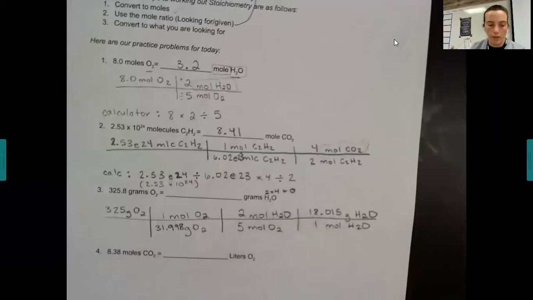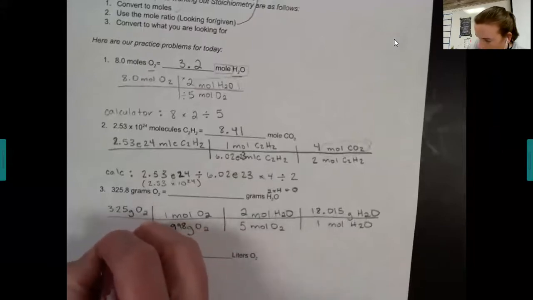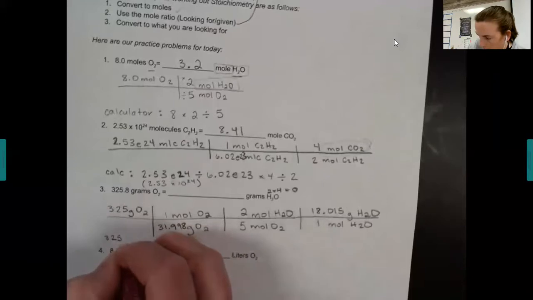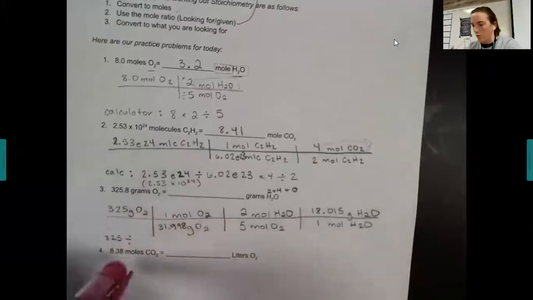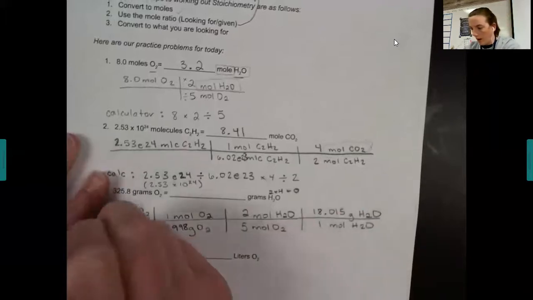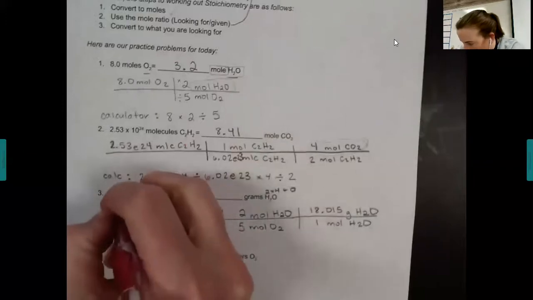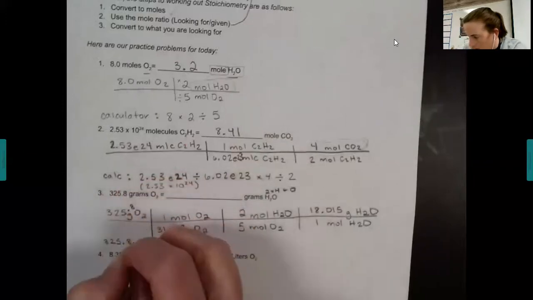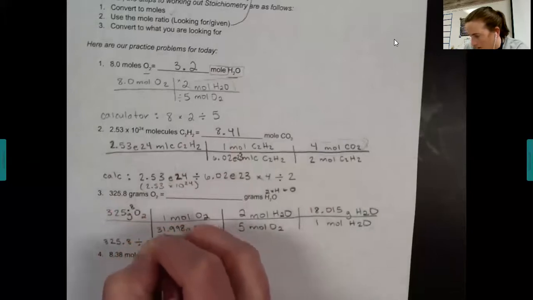All right, so when we put this in the calculator, it would look like 325, divided by, oops, sorry, 325.8. I realized that I forgot to write the 0.8. 0.8 divided by 31.998 because it's on bottom.